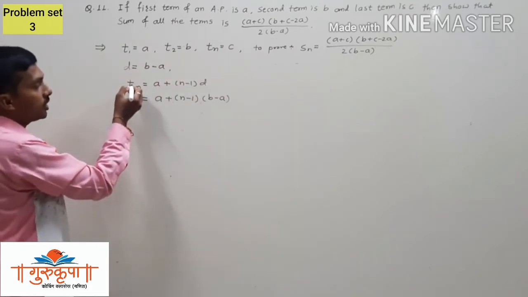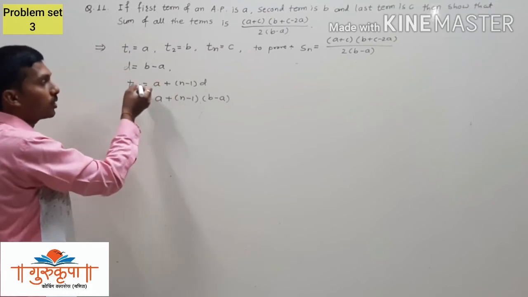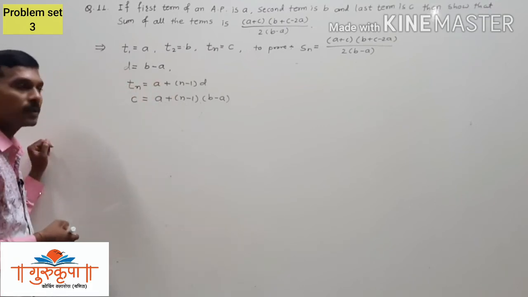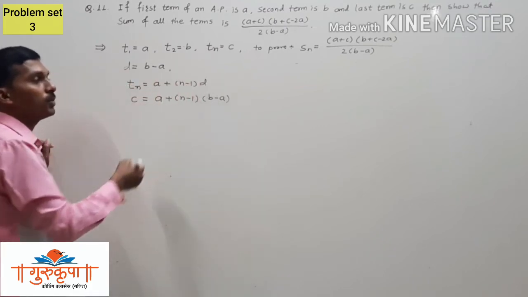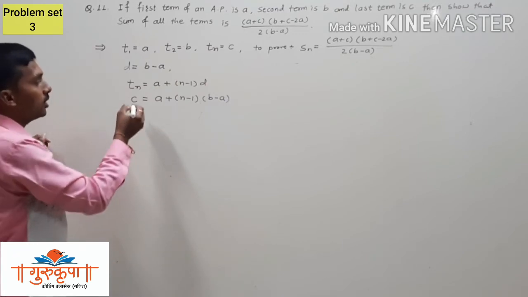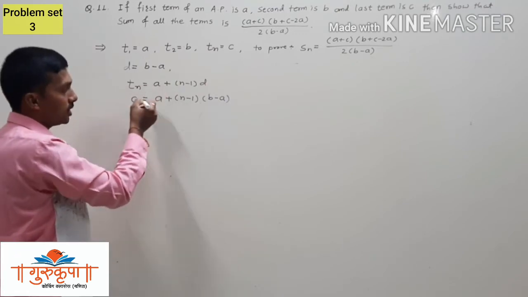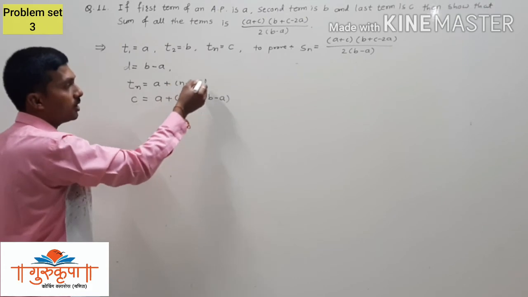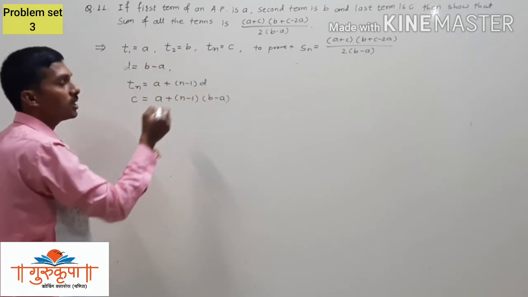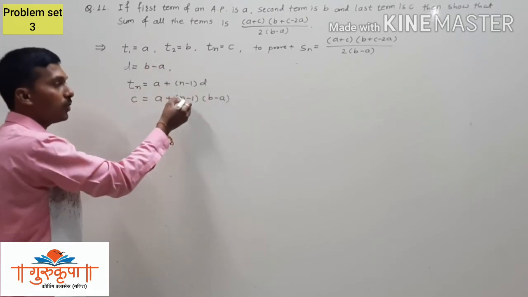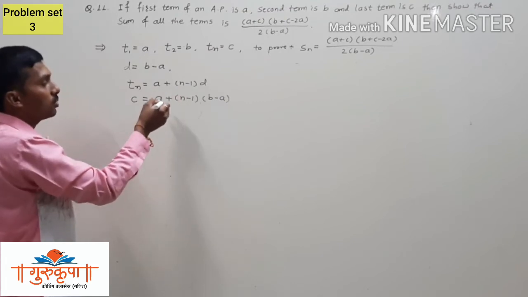So for finding the value of n, we write the formula for the general term of the AP, that is tn is equal to a plus n minus 1 into d. Now we put the value of tn as c, a as it is, n minus 1 into d, where d is b minus a. Now we have to find the value of n from this, so we will simplify.